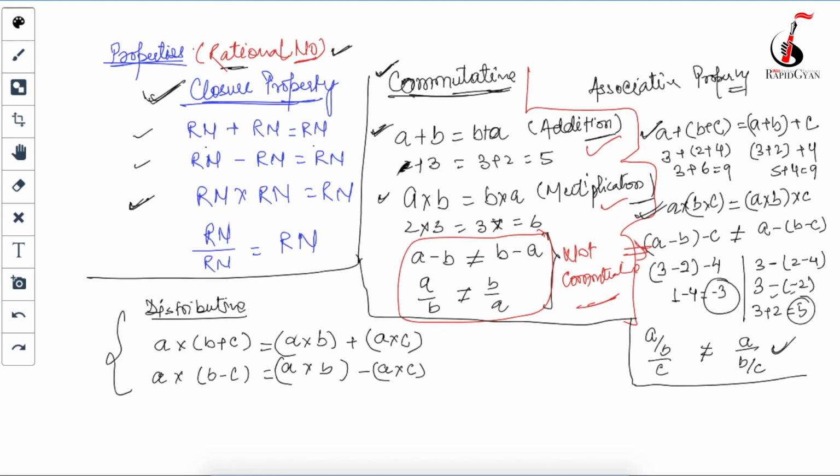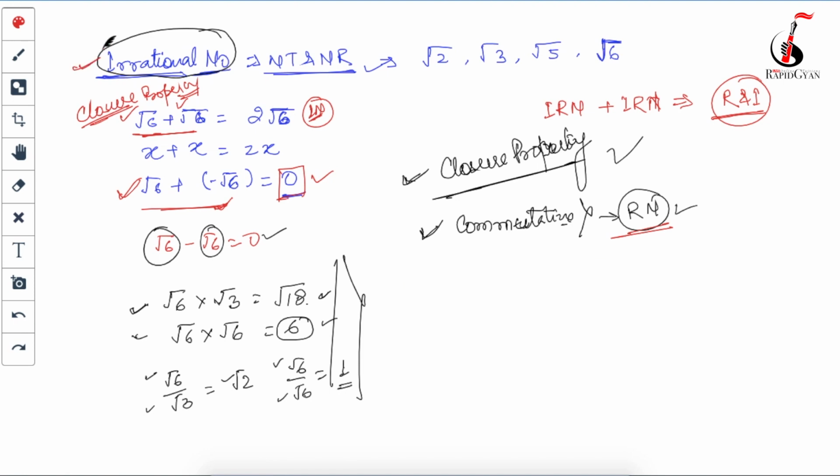Addition and multiplication will support the commutative property, but subtraction and division will not. Addition and multiplication of two irrational numbers will support the commutative property, but subtraction and division of two irrational numbers will not.